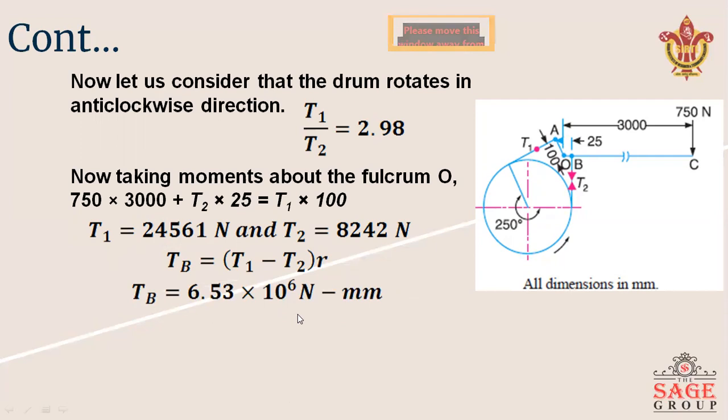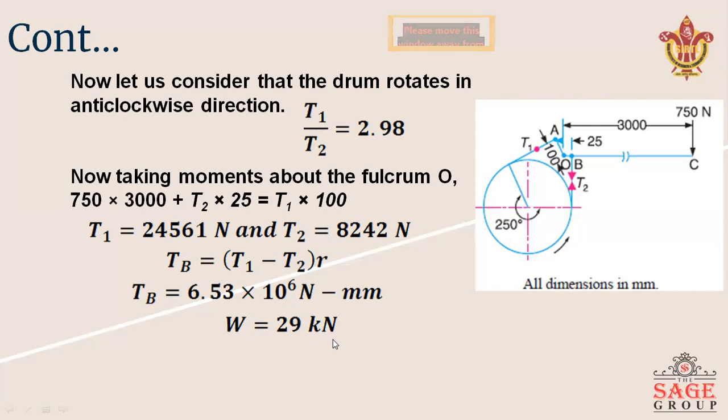Similarly, equating this braking torque equation with the torque due to the load, TW, which equals 225 W, as we already discussed in the previous slide, we get the value of W equal to 225 kilonewton for anti-clockwise rotation of the drum.